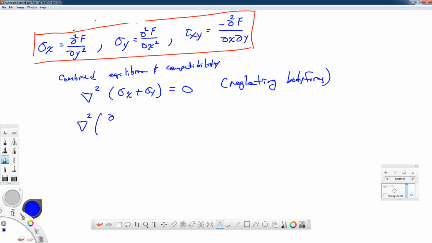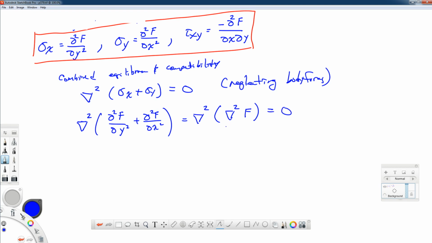Sigma x is the second partial of f with respect to y twice, and sigma y is the second partial of f with respect to x twice. Well, there's only one function f, and we have an operator that looks like second partial with respect to y twice plus second partial with respect to x twice. That itself is del squared operating on the function f.